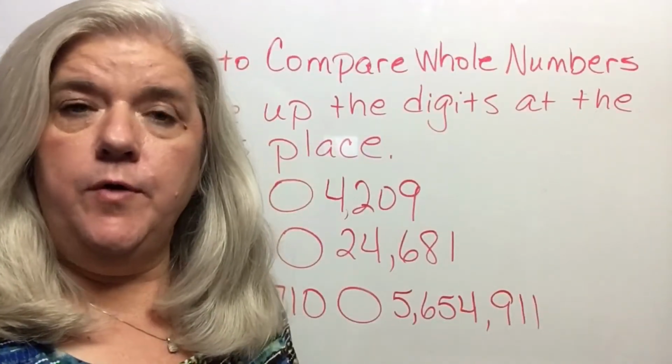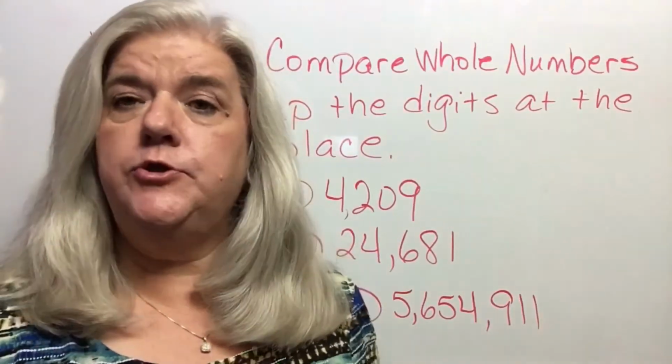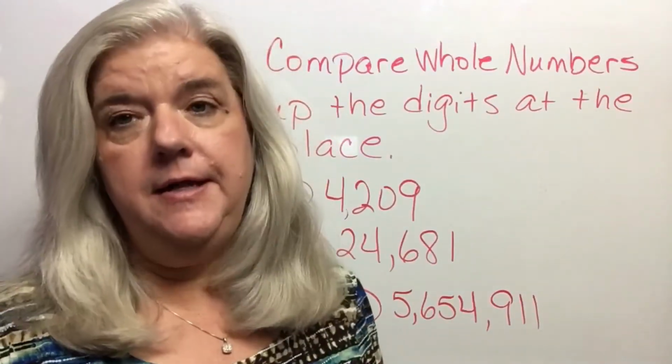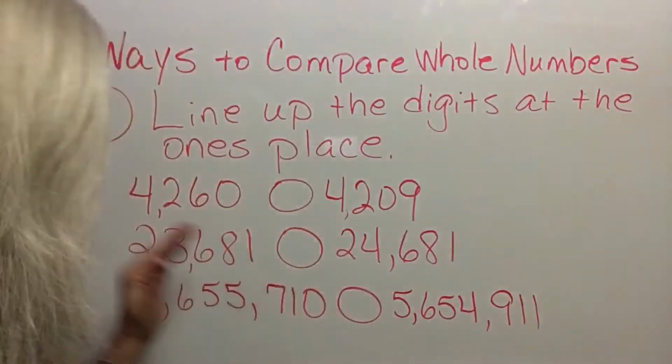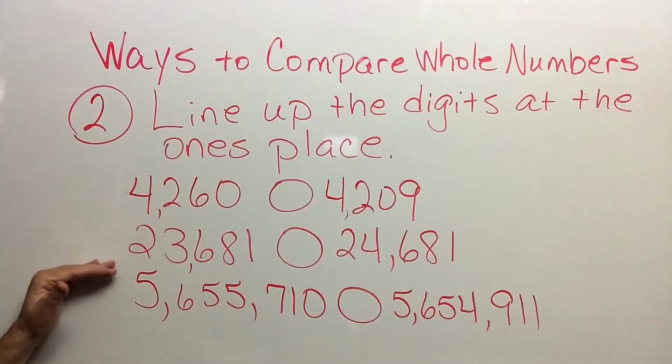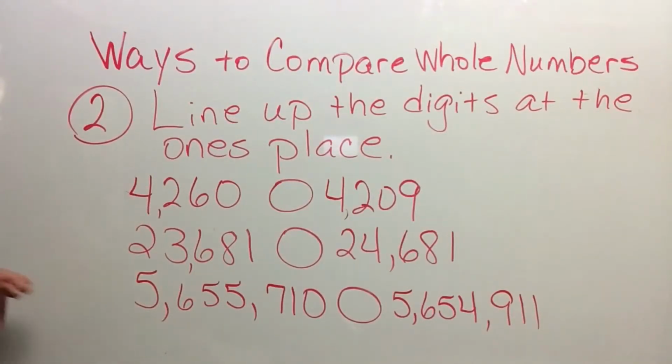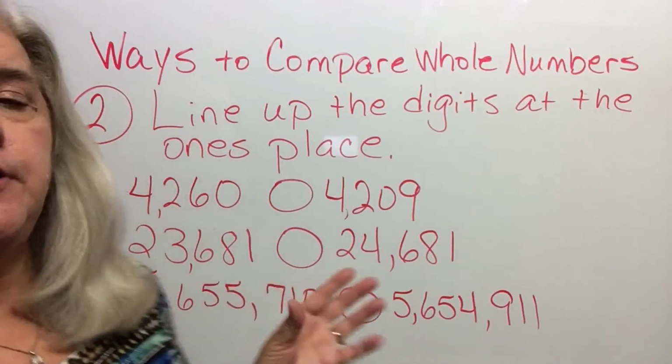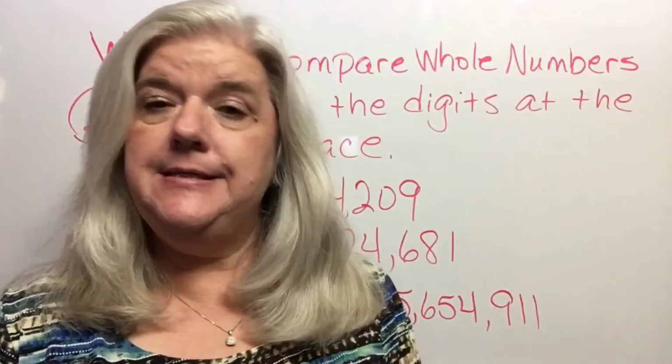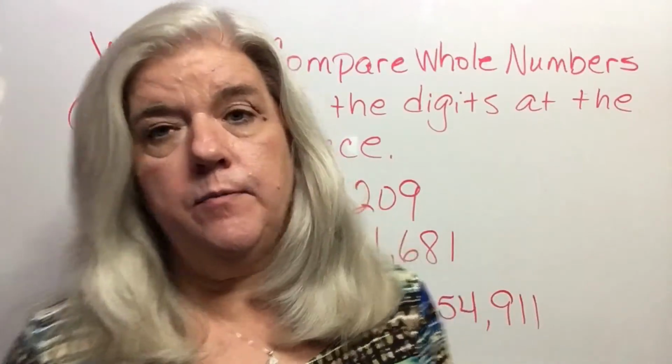Now, if we are working with really large numbers, drawing a number line may not be the best solution. So we can line these numbers up and compare digits. That might be the easiest way to compare really large numbers. But if the numbers are smaller, tens and hundreds, sometimes a number line works better.